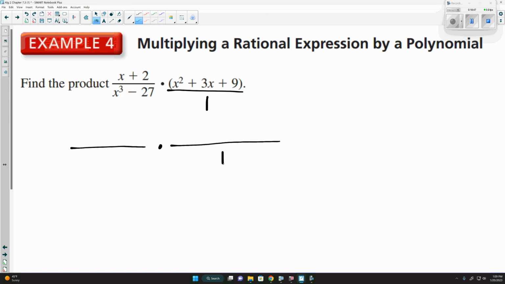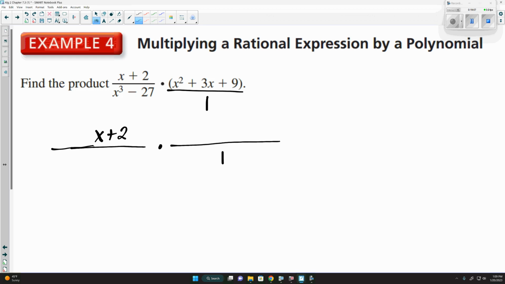So if it's helpful to remind ourselves that it's 1, we can do that, or we can just multiply it with the top.